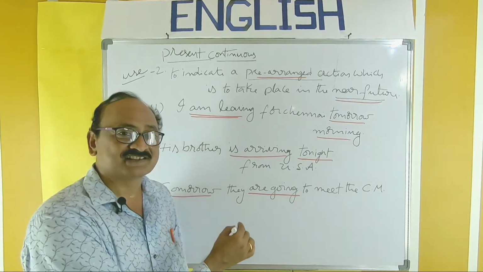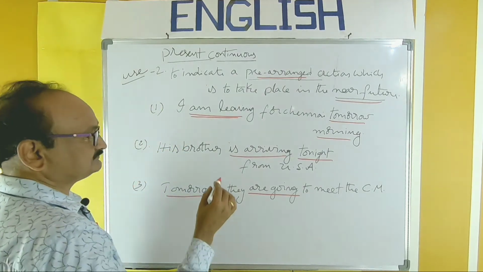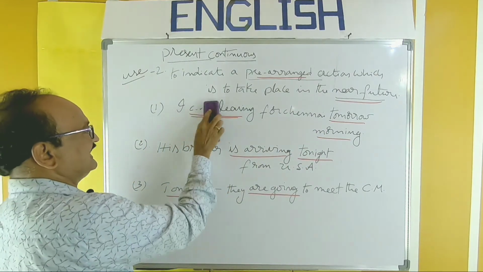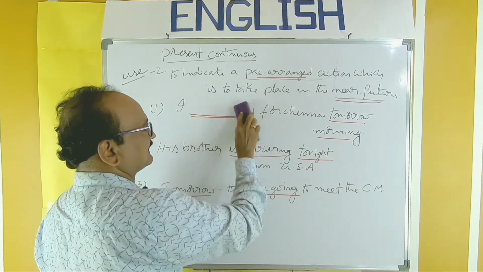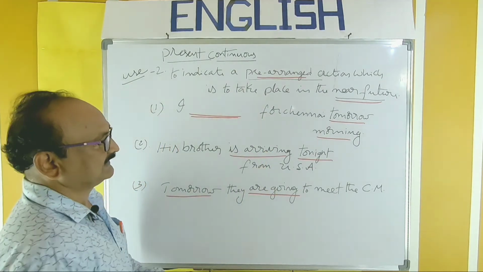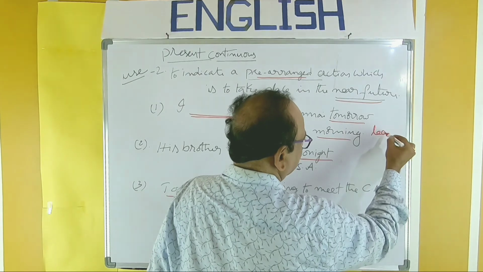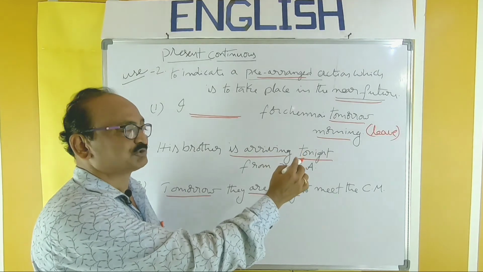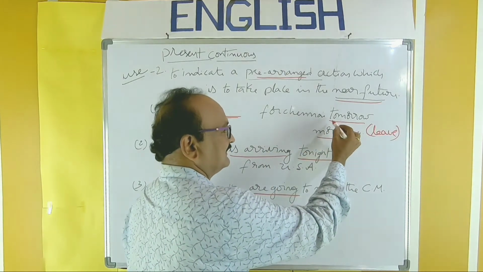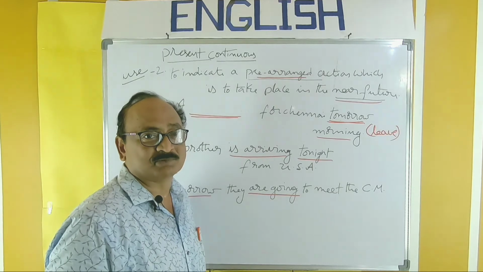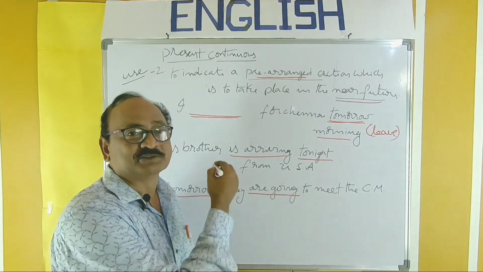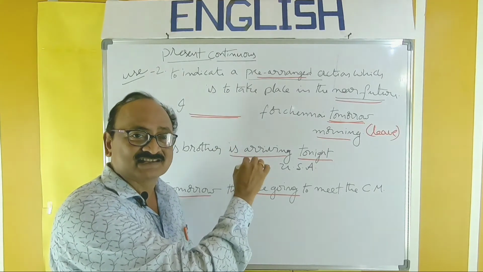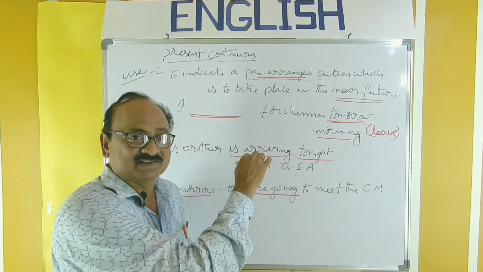And for the examination, look at the other point. I am leaving for Chennai tomorrow morning. So I am leaving is the blank here to be given, and the verb leave is given in brackets: I dash for Chennai tomorrow morning. So by observing the word tomorrow or tomorrow morning, you have to recognize that the sentence can be expressed in present continuous.